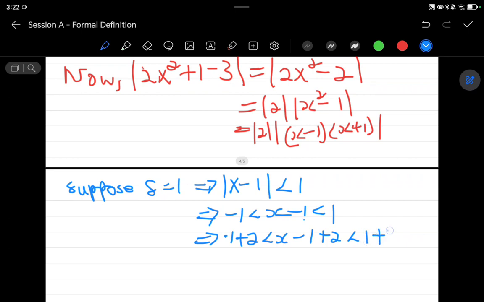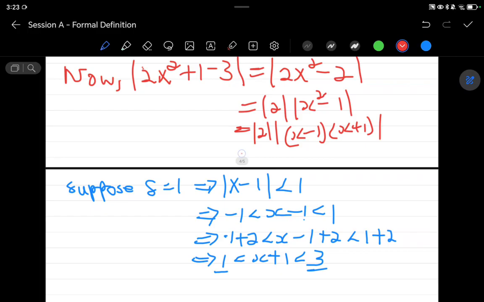This will imply that 0 < x + 1 < 3. Then since I got what I'm looking for, which is x + 1, I need to make sure that this side and this side are equal for me to apply the property.